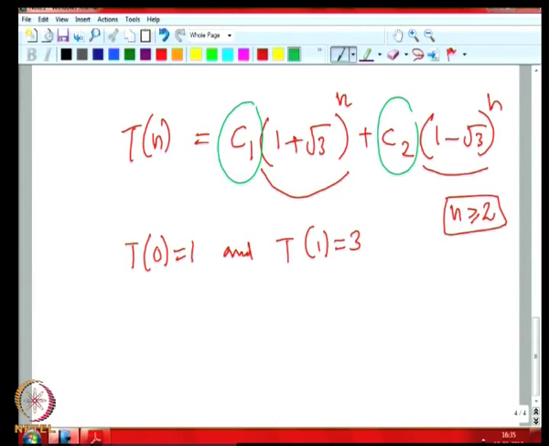We just put n equal to 0 and write down what will happen. So C1 plus C2, because putting n equal to 0, this will become 1, this will become 1, C1 plus C2 is equal to 1 is what this says. T of 0 equal to 1 implies this. So C1 plus C2 equal to 1.